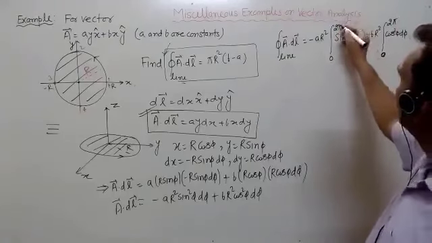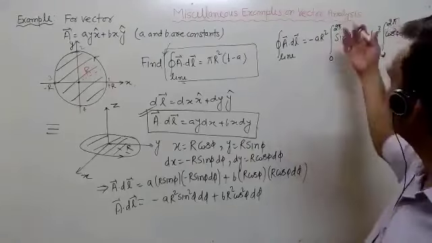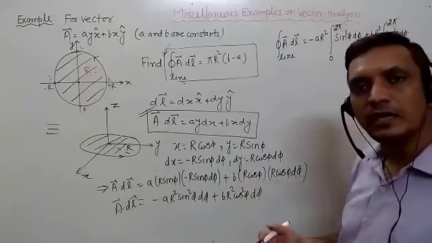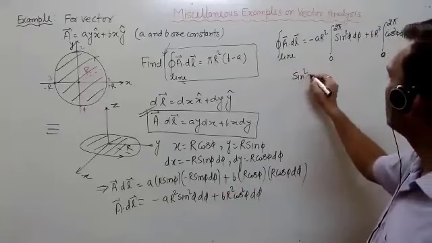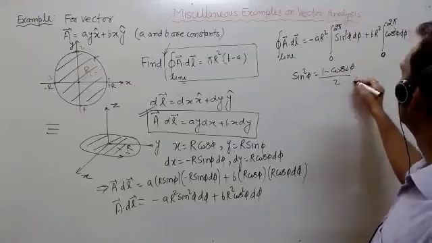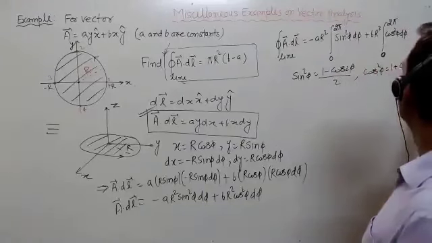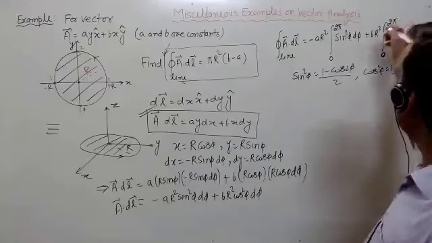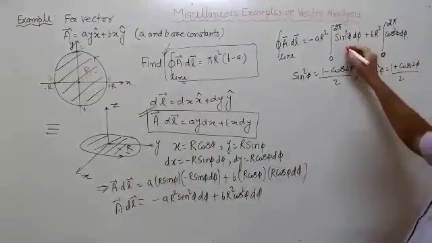So integrate this. What will be integral of sin square phi d phi from 0 to 2 pi? You can convert sin square phi and cos square phi in cos 2 phi and then integrate. Sin square phi is 1 minus cos 2 phi by 2, and cos square phi is 1 plus cos 2 phi by 2. If you integrate this, both will give you the value pi.